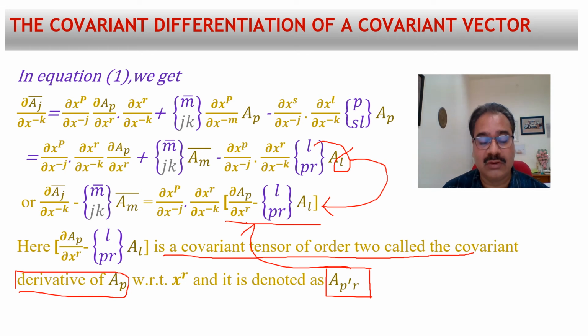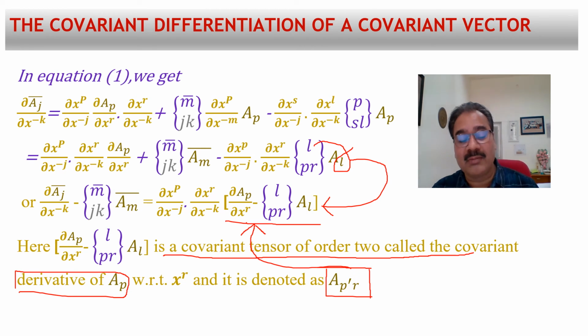In tensors we always use symbols only, so the meaning of the symbols should be clear to you. You have to remember that A_p comma r is this derivative. In advanced classes you will look at what kind of derivative it is, but here you can remember that this is the symbol.